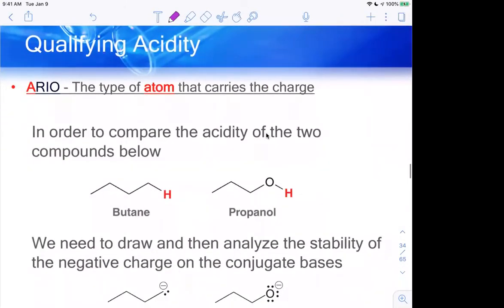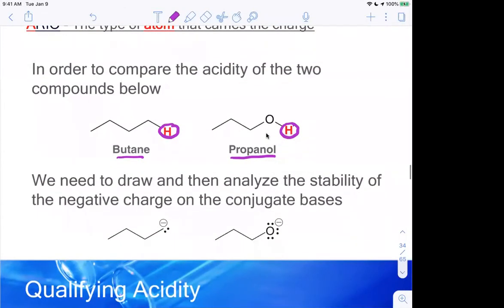So let's look at the atom. Let's say I want to compare butane and propanol. So this is my hydrogen that's going to be picked up by the base.